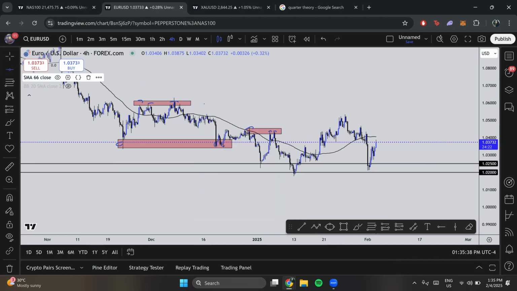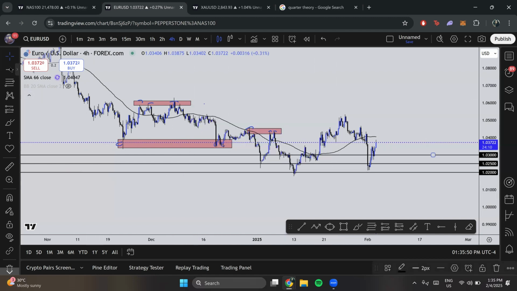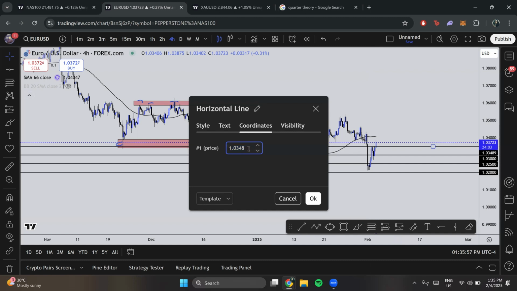And then the other level would be 1.03. That's 50 pips apart again. And then 50 pips upwards again. So you basically get the gist by now, right? 50 pips apart.